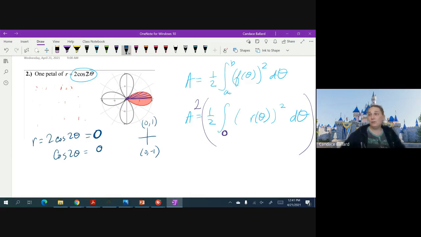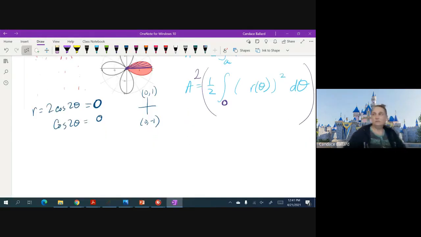What radian measures is cosine equal to 0? There should be 2 of them. What are the 2 radian measures? Tell me in the chat. I want to make sure everybody's confirming this for me. We know what's going on.